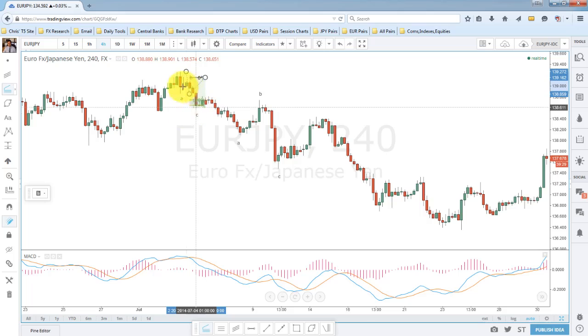Now, let's take this a step further, and now we're going to measure this entire ABC. I'm going to measure from this completed cycle, ABC, pull it back to that correction, and then look at this cycle. 100%, equal legs.